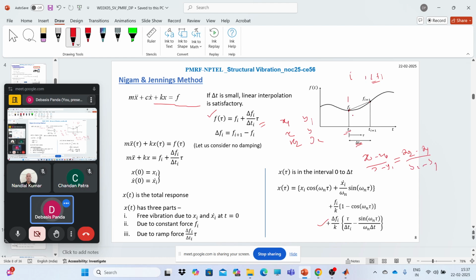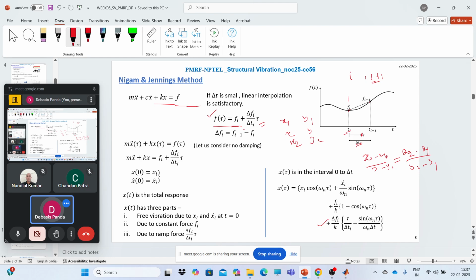Here, instead of x you can use the time, and instead of y you can use the forcing function. So you can get the force at t equals tau. You will get this, the model of the forcing function.